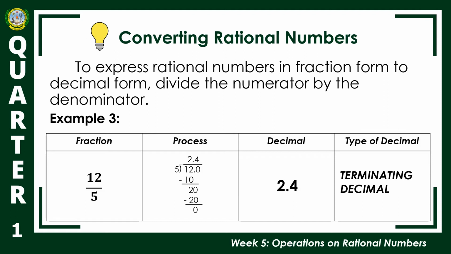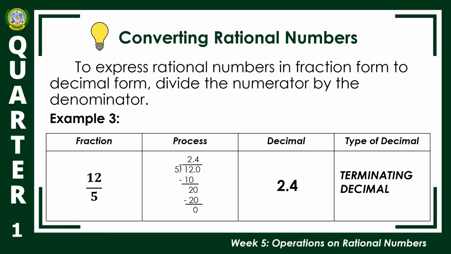So, ano yung pinagkaiba po nung kanina dito? So, yung kanina po, di ba, we converted 1/2 into 0.5, and 1/3 into 0.3 bar, or 0.3333, and so on. So, kung mapapansin nyo naman ngayon, nung improper fraction na siya, may whole number na po siya. Okay? May whole number na siya na 2, kaya siya naging 2.4.